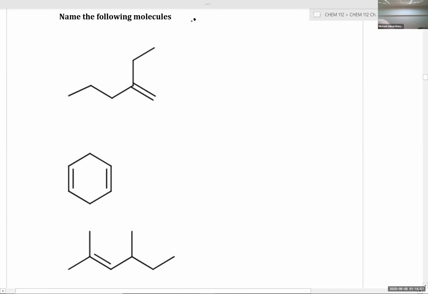As a refresher, for 5 carbons, it's pentyl, and 6 carbons is hexyl. Essentially, you take the main chain stem and you replace the ending with YL.